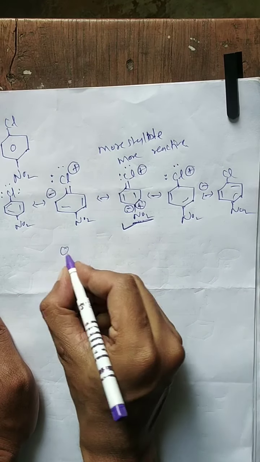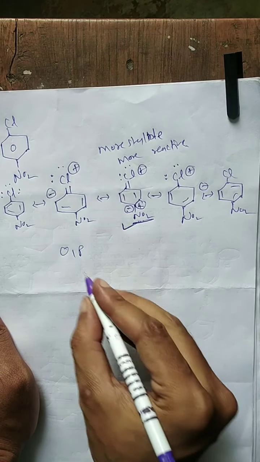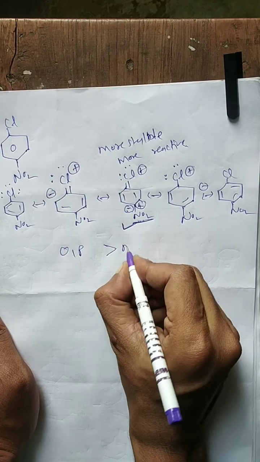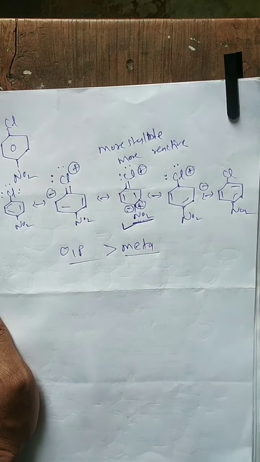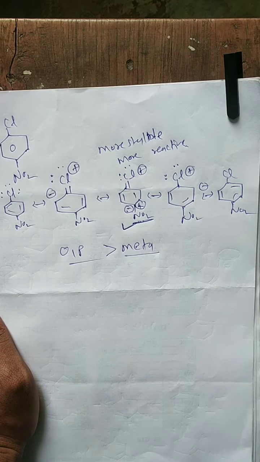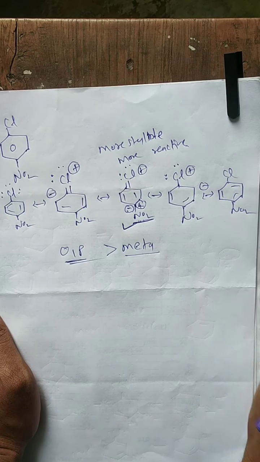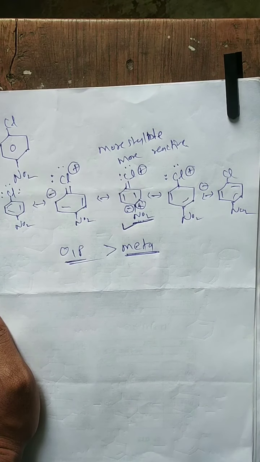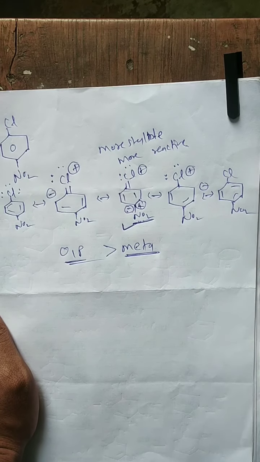Means ortho and para are more reactive than meta position when an electron withdrawing group is there in haloarenes.